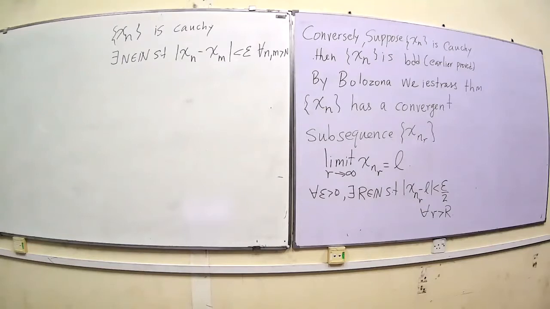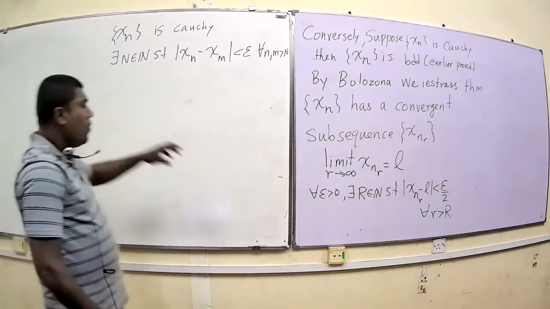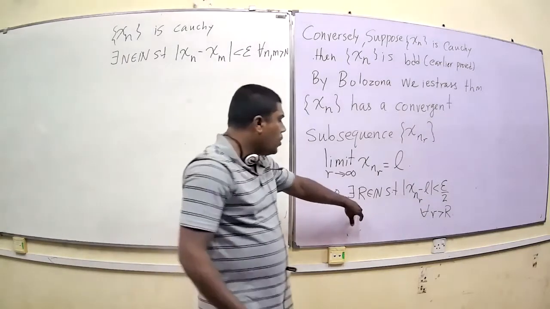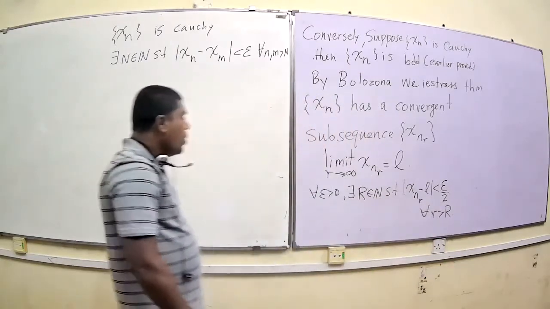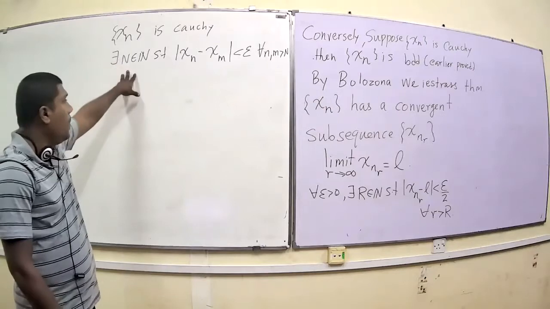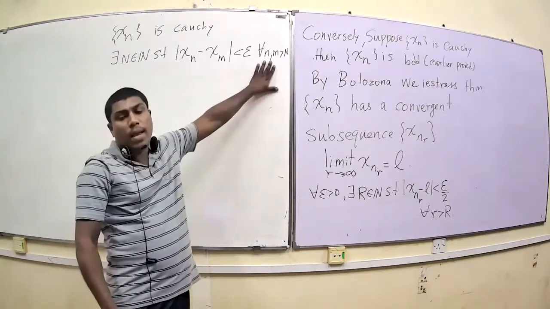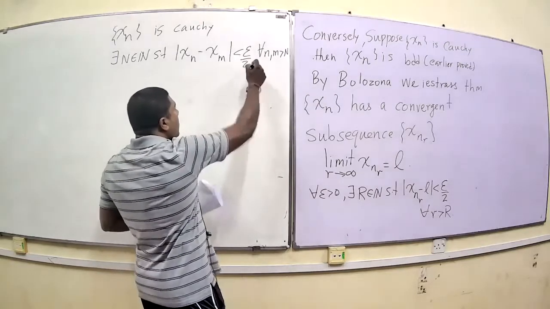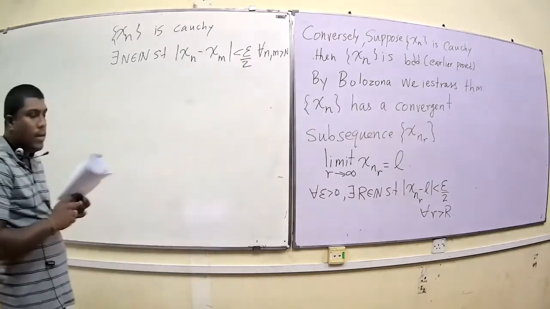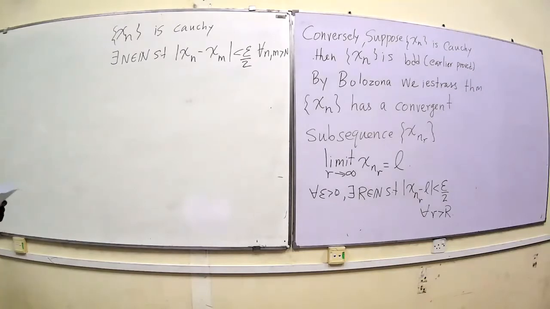So now you have two numbers. One is capital R, and for small r greater than R, this result is true. And one is capital N, for some n, m greater than N, this result is true. Again, I may have to have this as epsilon over 2, to make it epsilon at the end.